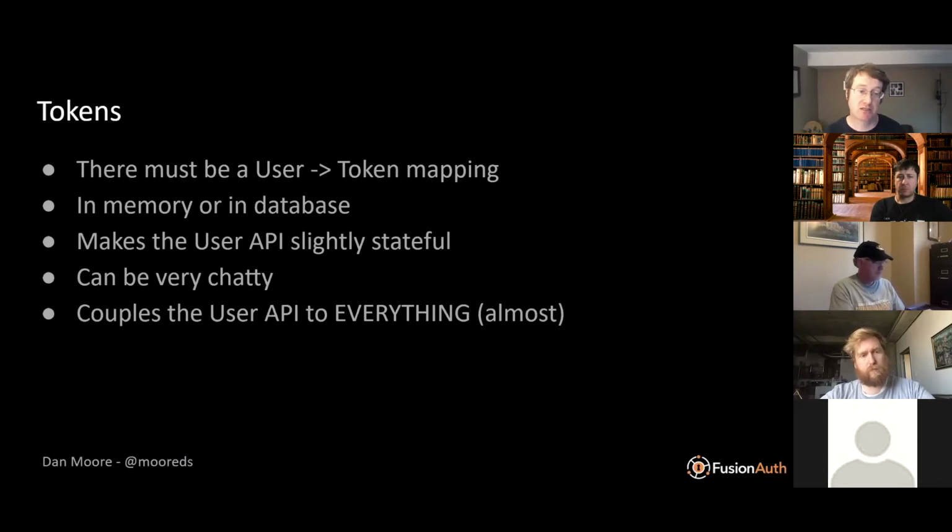It's also very chatty, because every time you have to talk to the user API, it's going to be getting a lot of requests saying, hey, who is this user? Tell me more about this user. What can this user do? Give me the user object back. And that coupling is not necessarily good for scaling.